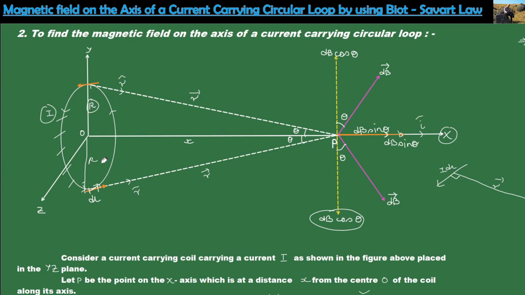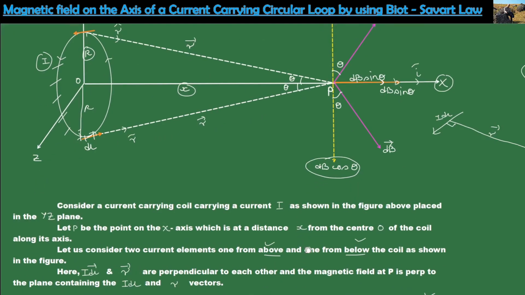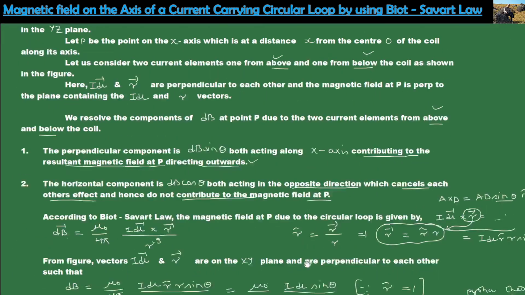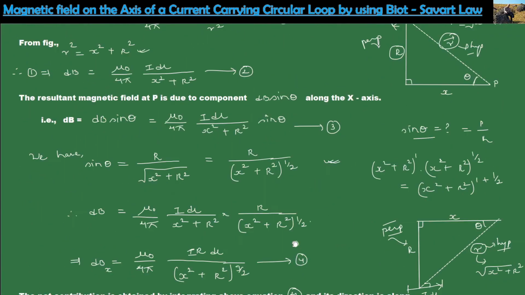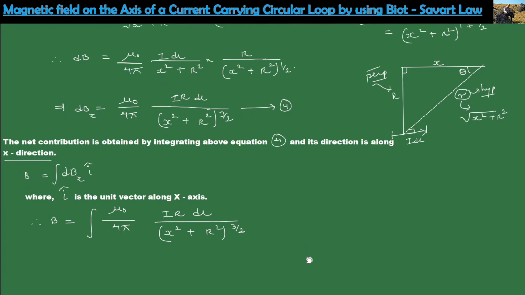The only thing that differs is dl. If you sum over dl, as I explained previously, it gives us the circumference of the coil.